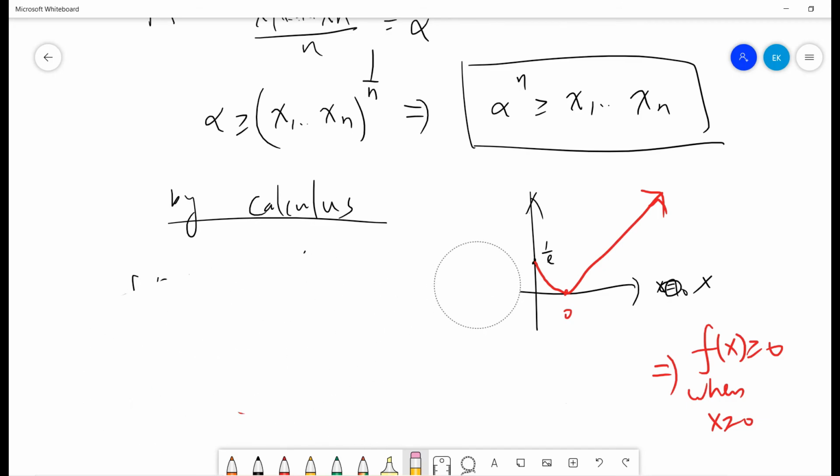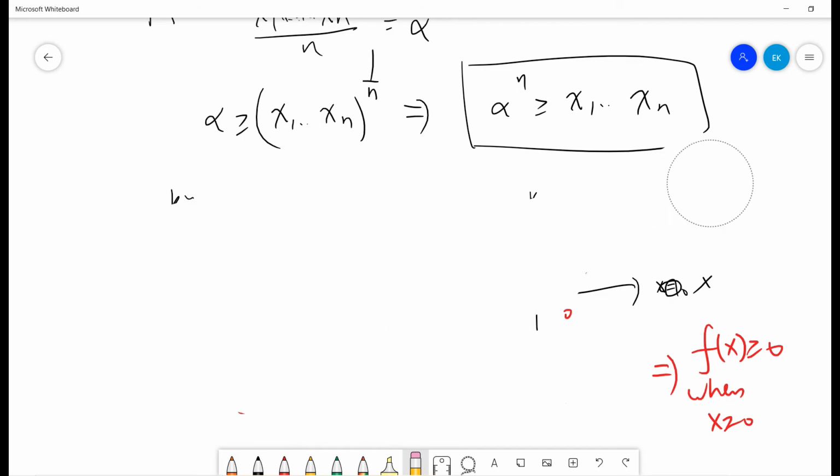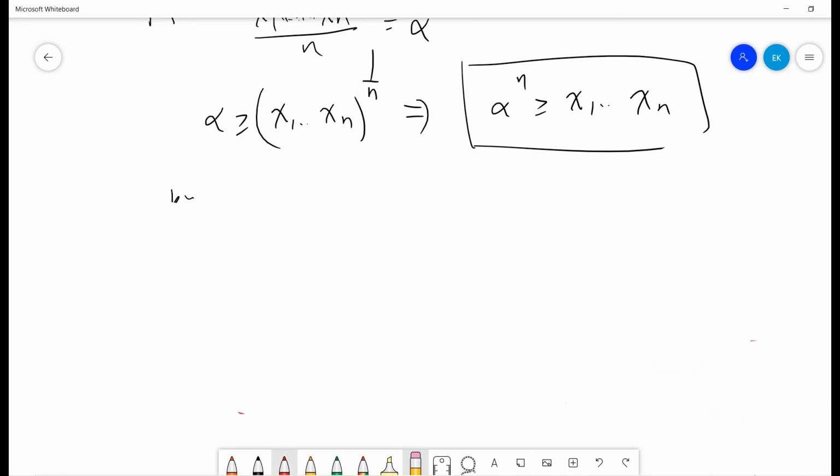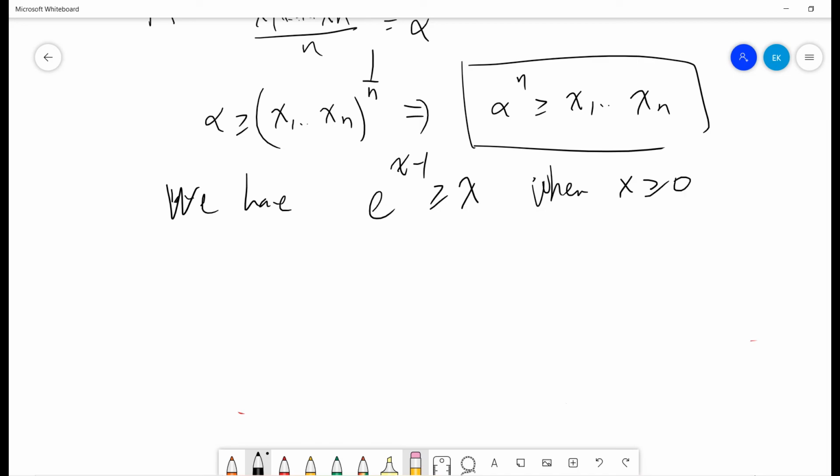Okay, so let's finish. Now we already have these results. We have exponential x minus 1 greater or equal to x when x is greater or equal to 0. Actually, this can be shown for all x, right? Because this will be negative when x is less than 0.